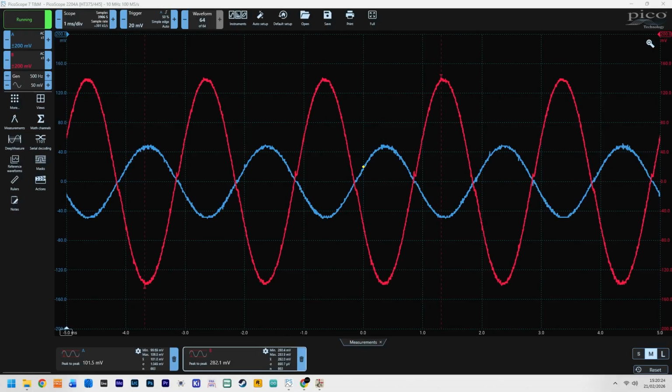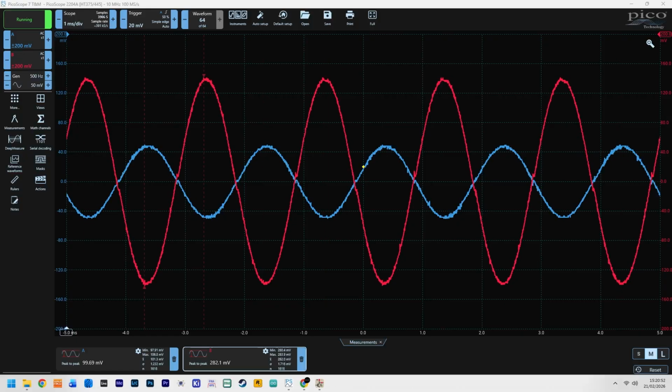Right, so here we are looking at the oscilloscope. Now a little bit of explanation here. We've got the blue line is our input. We're looking at the actual circuit, and we are feeding the circuit a 100 millivolt signal, so that's 0.1 volts input at a frequency of 500 hertz.